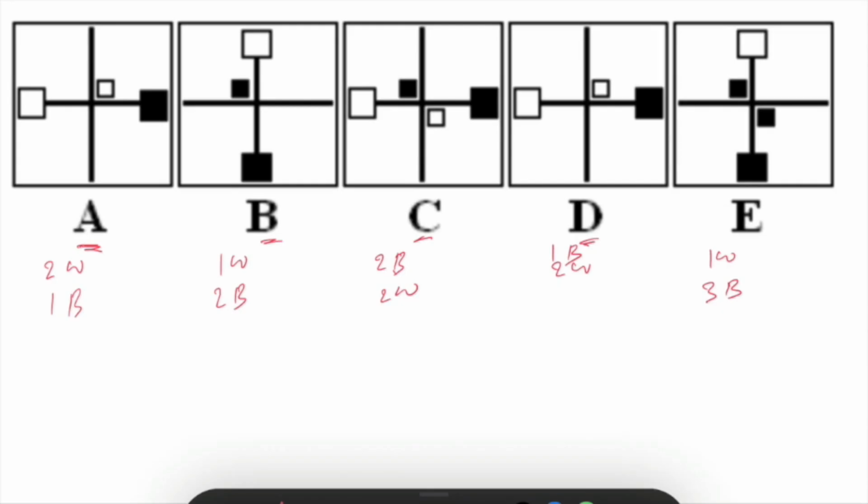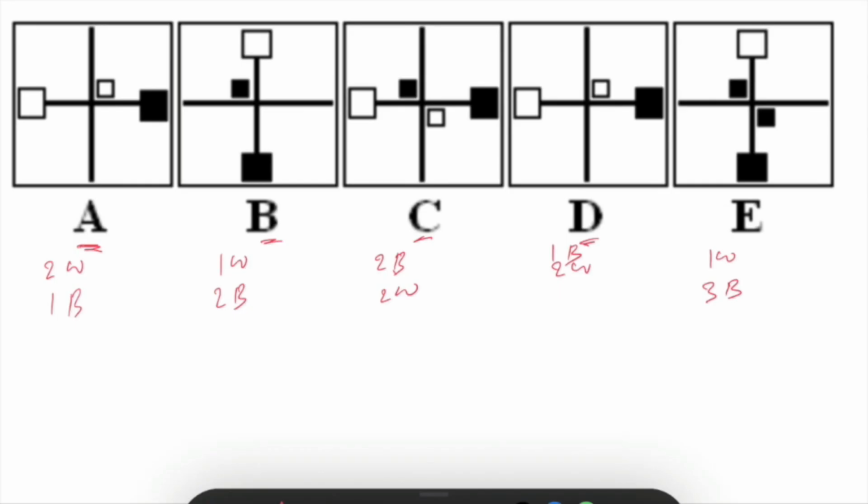So the number is different. For example, in A, the number of white boxes always exceeds the black box by one. When it comes to B, the two black boxes exceed the number of the one white box by one. In C, neither of them exceeds the other.